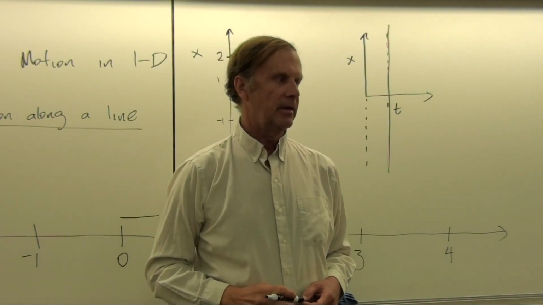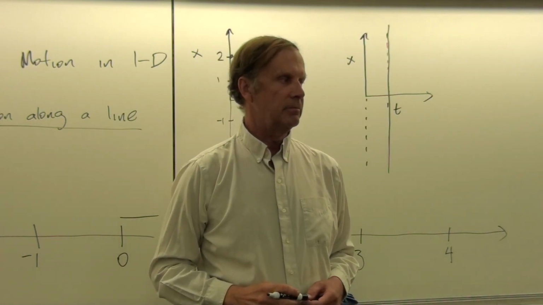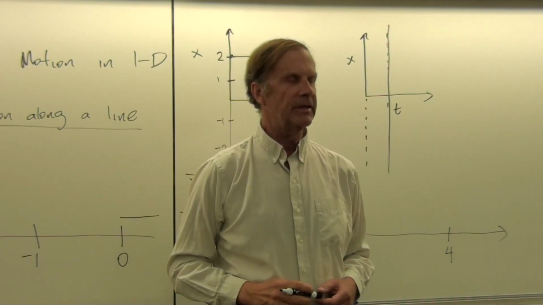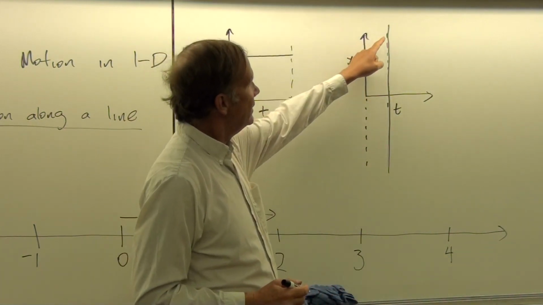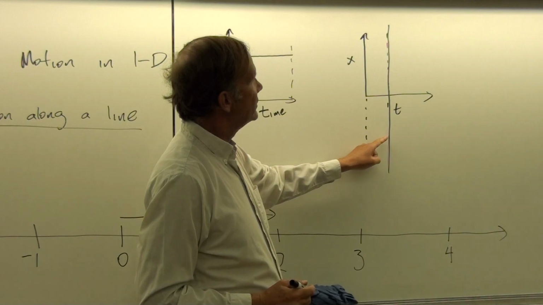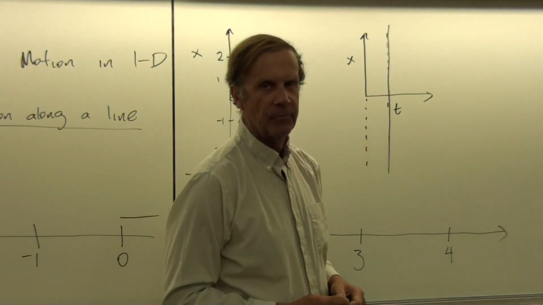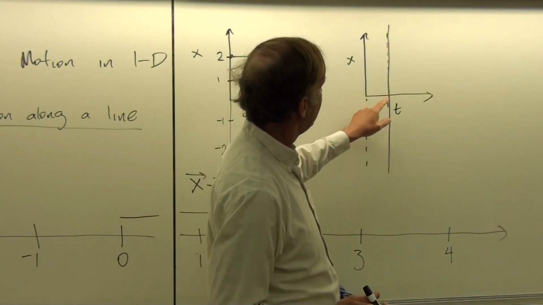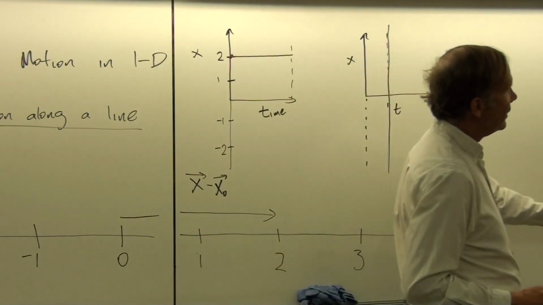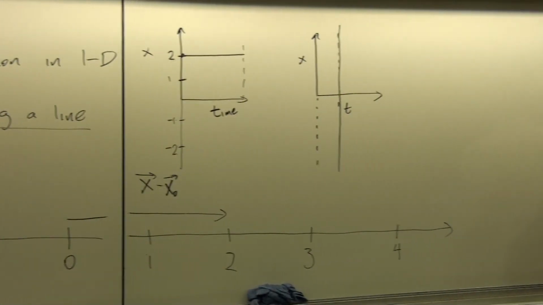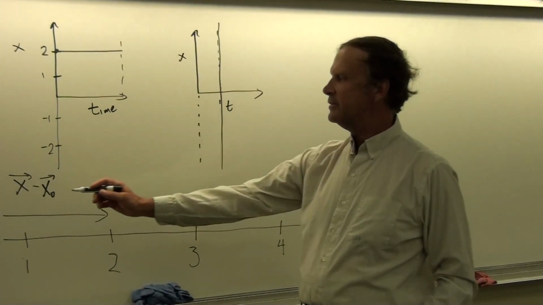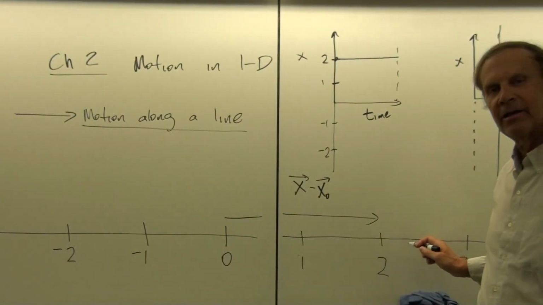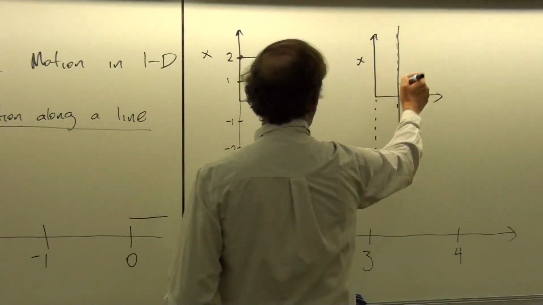Turns out that that would be probably not so possible, because this would indicate that I was everywhere at the same time. Okay, so at 1 second, I would be everywhere along this line. I'd be at plus infinity, I'd be at minus infinity, and I'd be everywhere else along that line all at once.